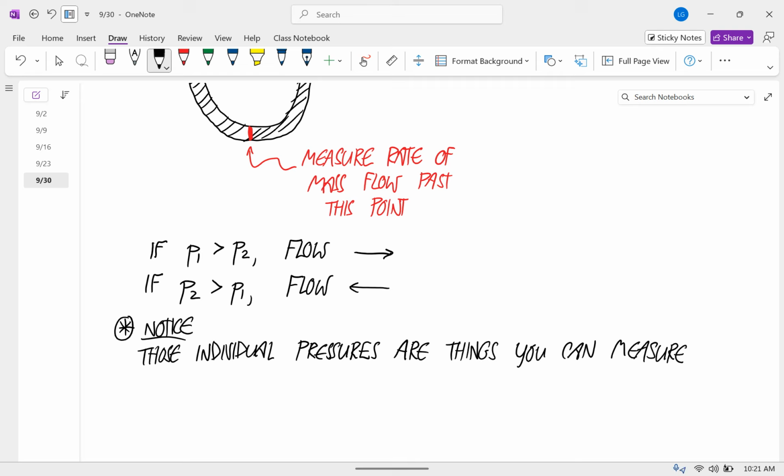But what really matters isn't either one of those individual pressures. What really matters is the difference between the pressures on the two sides.